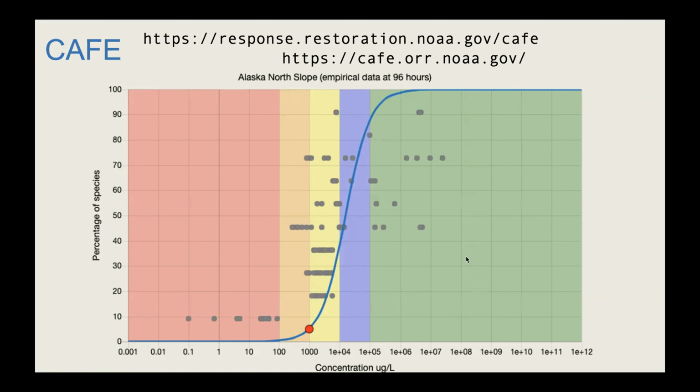CAFE is available at https://cafe.orr.noaa.gov. It also now has a web front interface. So it really gives you access to both fate and effects information for chemicals.